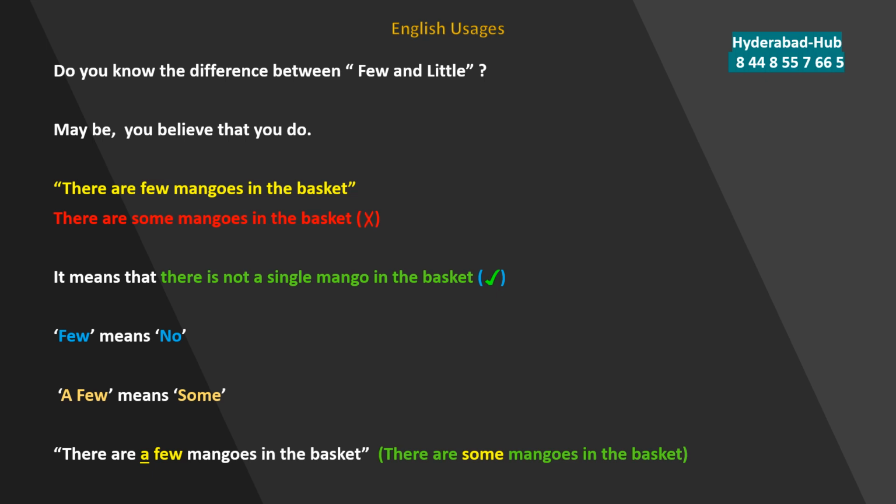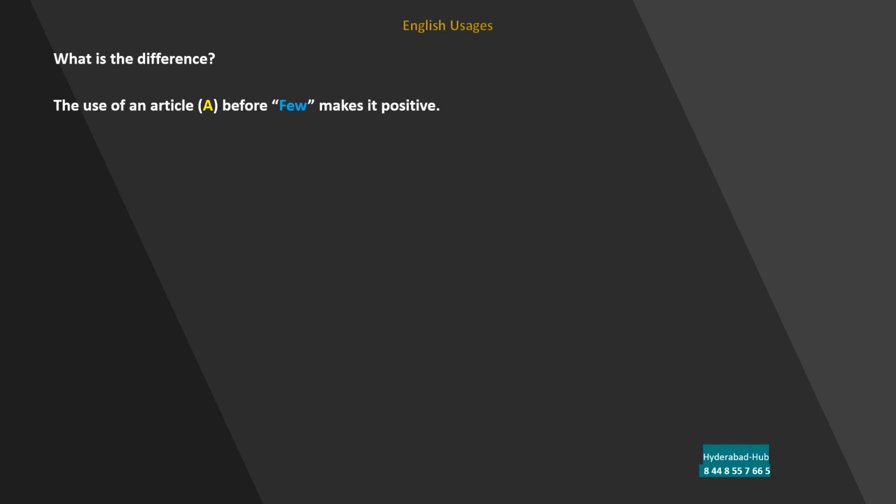What is the difference? The use of an article before few makes it positive. On the other hand, if you don't use the article a before few, then it gives a negative meaning.